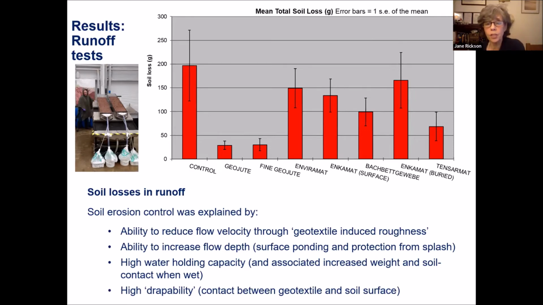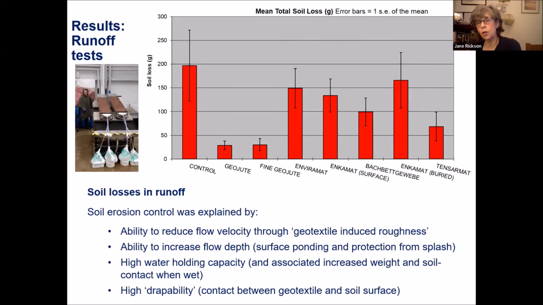So we found that geotextile induced roughness was really important. We also found the ability to increase the flow depth through surface ponding helped to protect the soil from rain splash, adding a sort of buffer effect where you've ponded that water, the rainfall fell on the water and didn't actually hit the soil. We did think high water holding capacity was important because it increased the weight of the product.